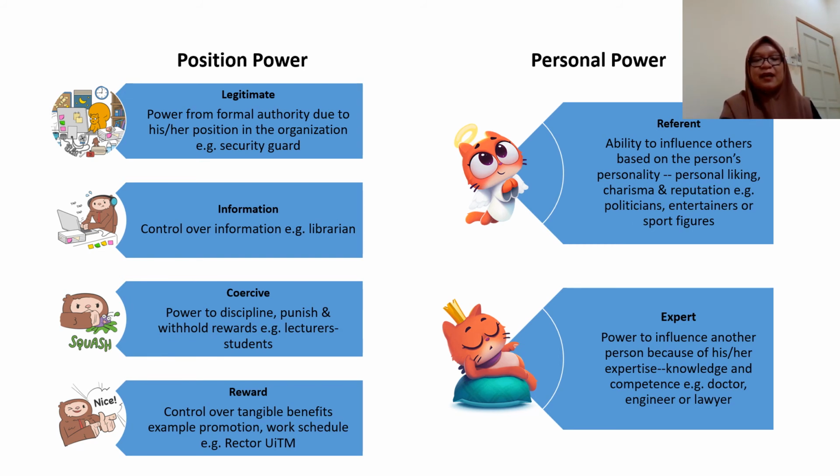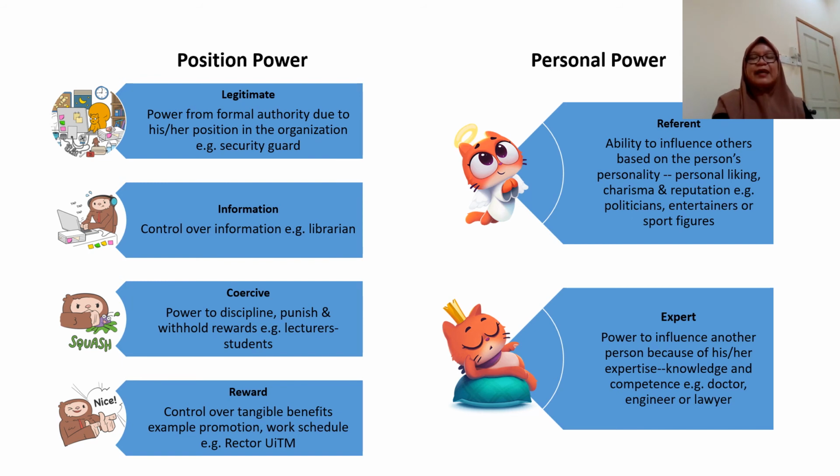Okay. And the last one is reward power. Okay, control over tangible benefits. For example, promotion. Okay, so as long as you are in that position, you will have the reward power where you can reward your subordinates. Okay, you can reward your employees or students.